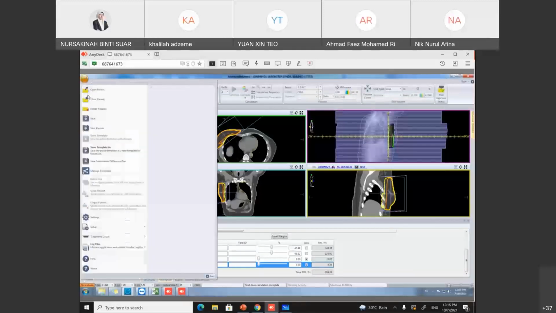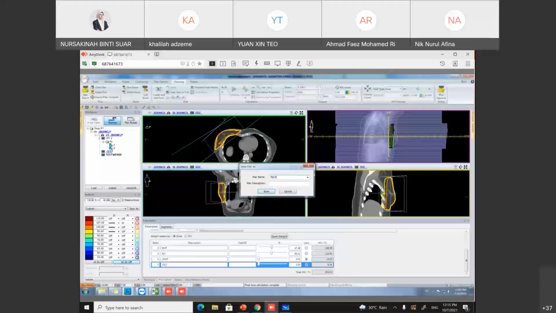So what I am trying to show you here is, when you compare with the wedge plan just now, the total MU is 606 MU. But when we use the field in field technique, the total MU is almost the same as without field in field technique, only 304 MU. The first plan, when we did nothing to shield the hotspot, is 293 MU.